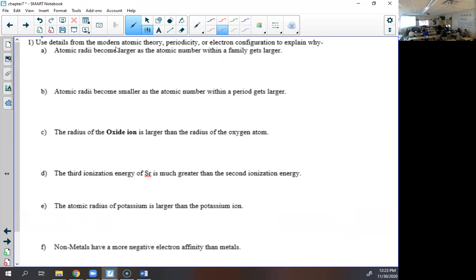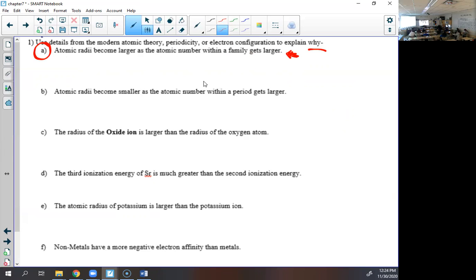So it says use details from the atomic theory, periodicity, or electron configuration to explain why. As we go through this chapter, think about how to answer these types of questions. Atomic radii become larger as the atomic number within a group gets larger. This is already telling you the fact, so you don't need to worry about it. A wrong answer would be because they get bigger.